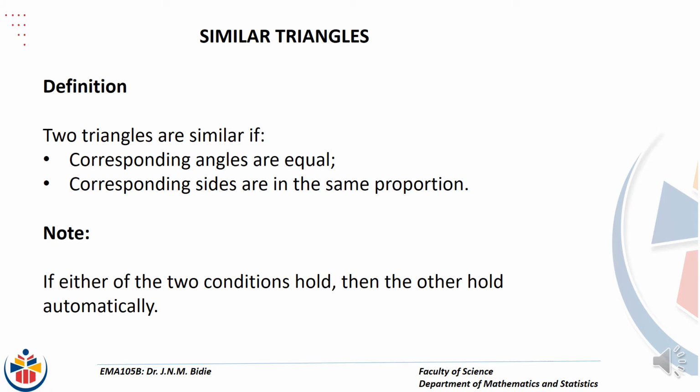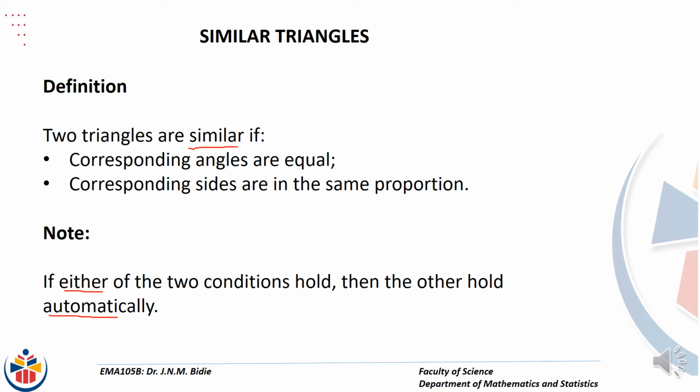Then we move on to similar triangles. Note by definition, two triangles are said to be similar if those two hold. And guess what? If either of the two conditions holds, then the other holds automatically.